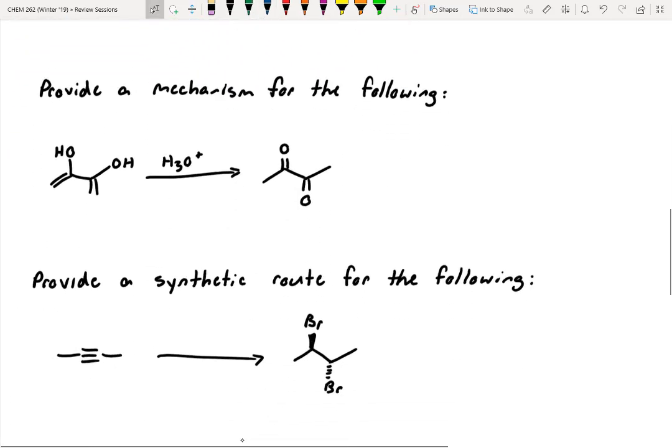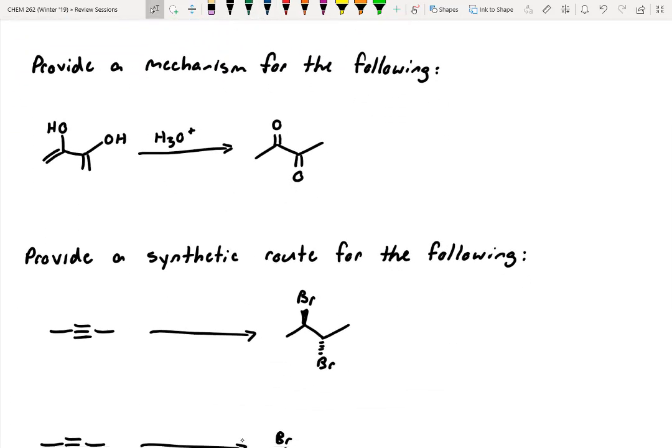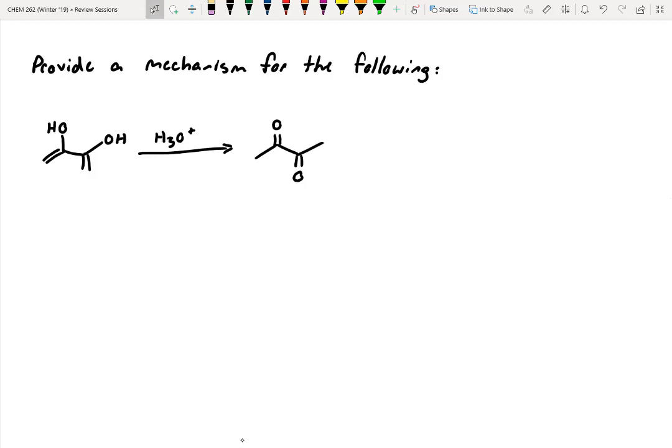Next one's a little bit trickier. Provide the mechanism for the following. So I'll give you some time to work on this one, but I'll give you a hint. What sort of functional group do we have in our starting material? It's not just an alcohol. It's an enol. So we've got an enol going on here, and we've got to figure out how we're going to get to two different ketones.